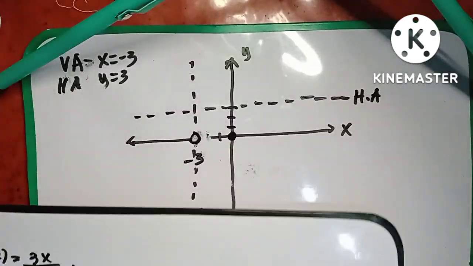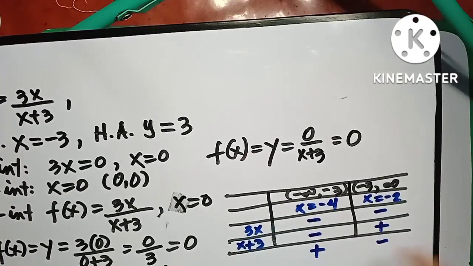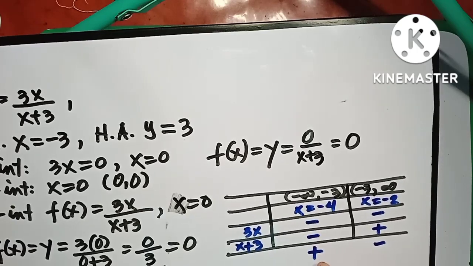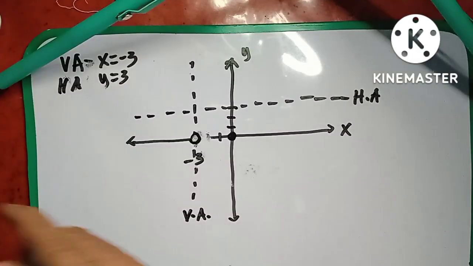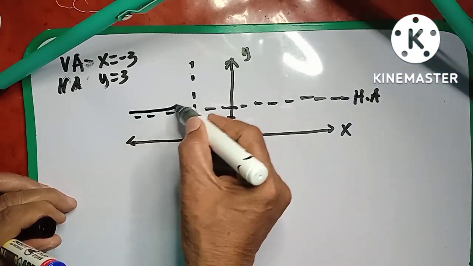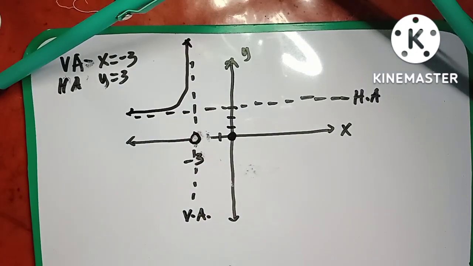Again, in the interval negative infinity to negative 3, the quotient of signs is positive, so it's going up. So that is the graph.